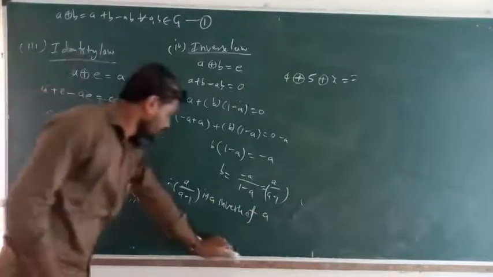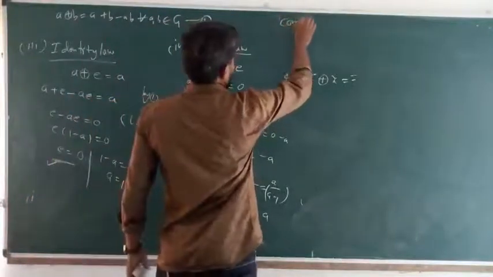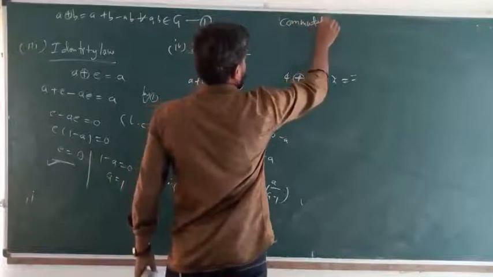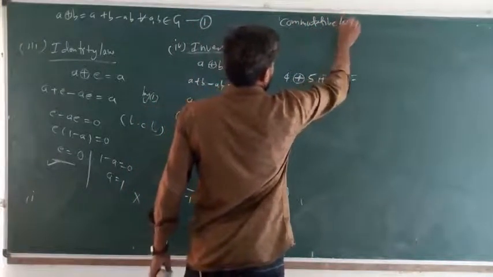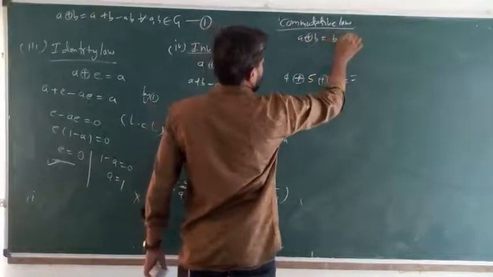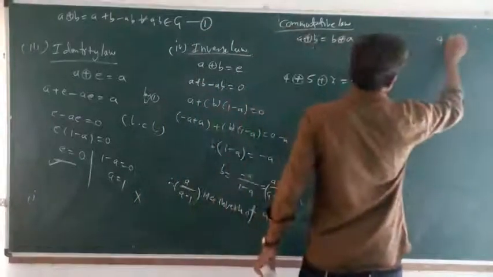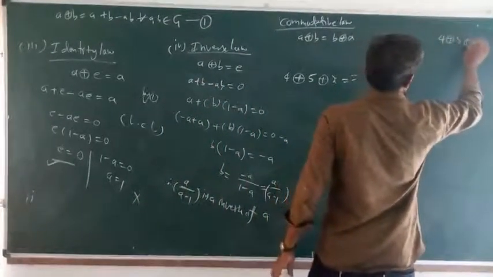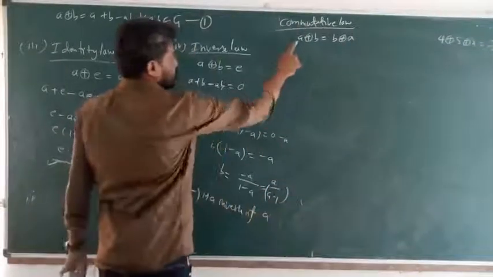Next, commutative. Commutative means A direct sum B is equal to B direct sum A. What is the LHS part?